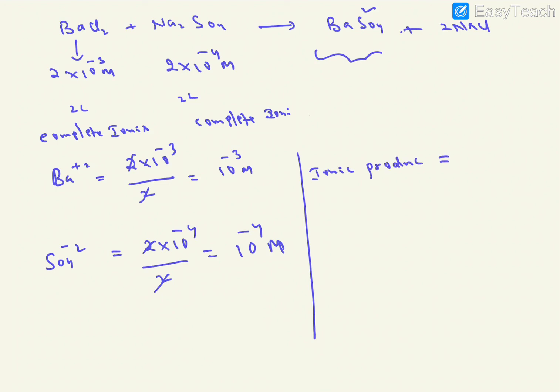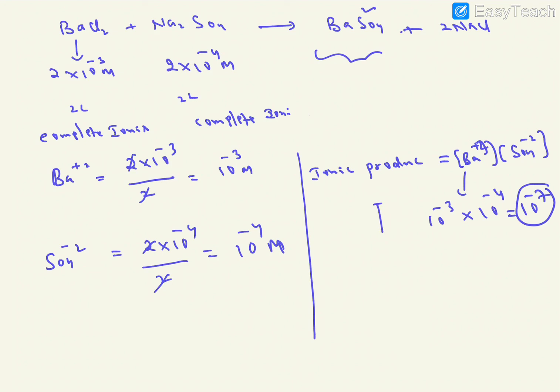What is the ionic product? It is the product of the ion concentrations after dissociation. So the ionic product equals the Ba2+ concentration times the SO4 2- concentration. The barium concentration is 10 to the power of minus 3 and the sulfate is 10 to the power of minus 4, so that equals 10 to the power of minus 7, right?